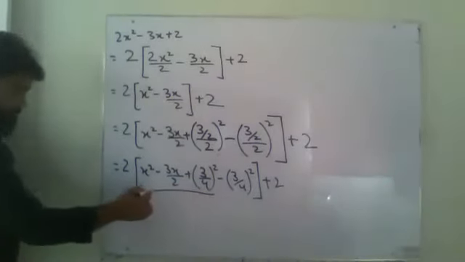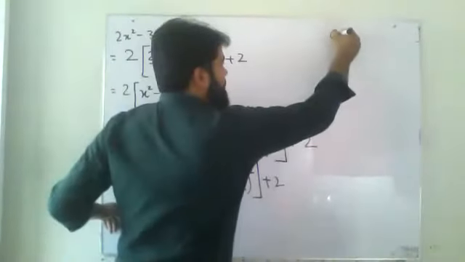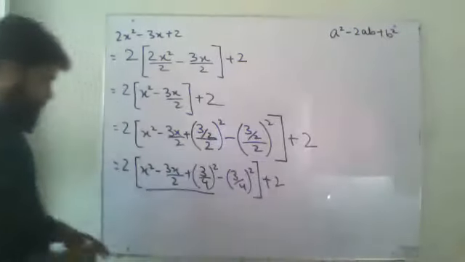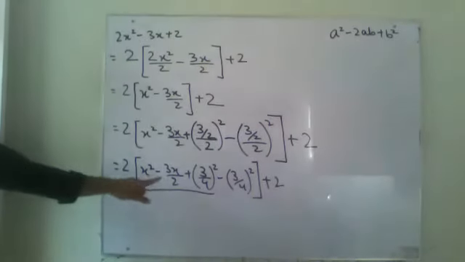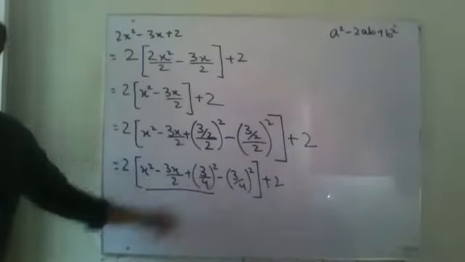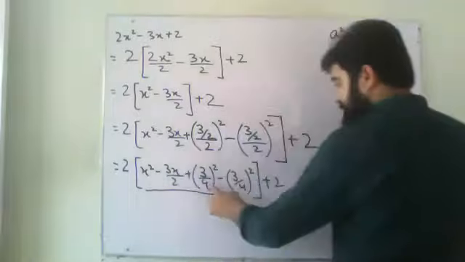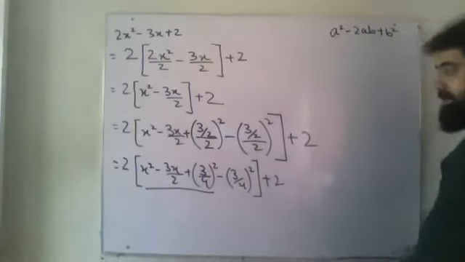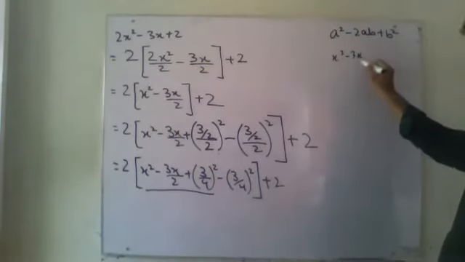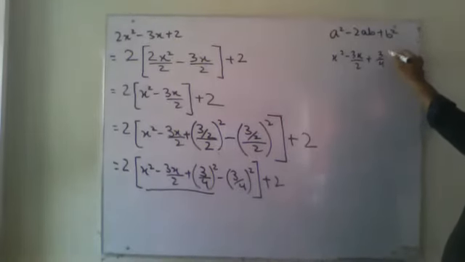Now, these three terms are basically a square minus 2ab plus b square. How do I know that? Let's take just this part: x square minus 3x over 2 plus 3 over 4 whole square.